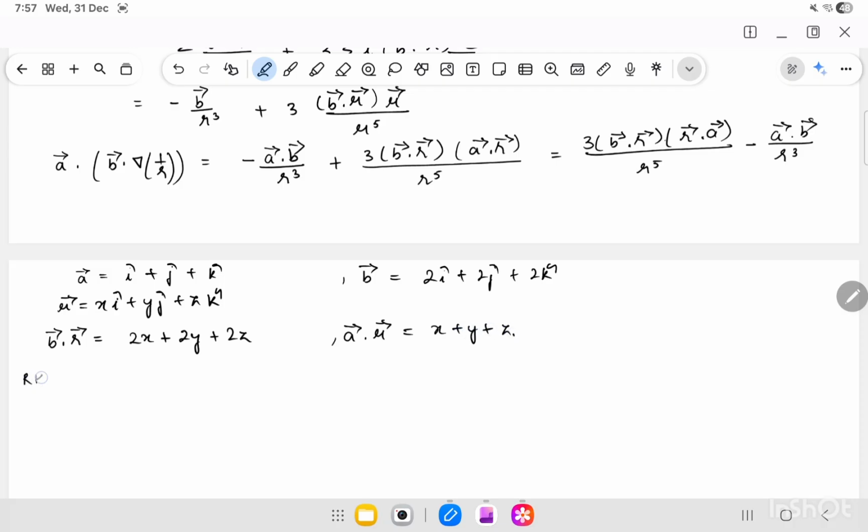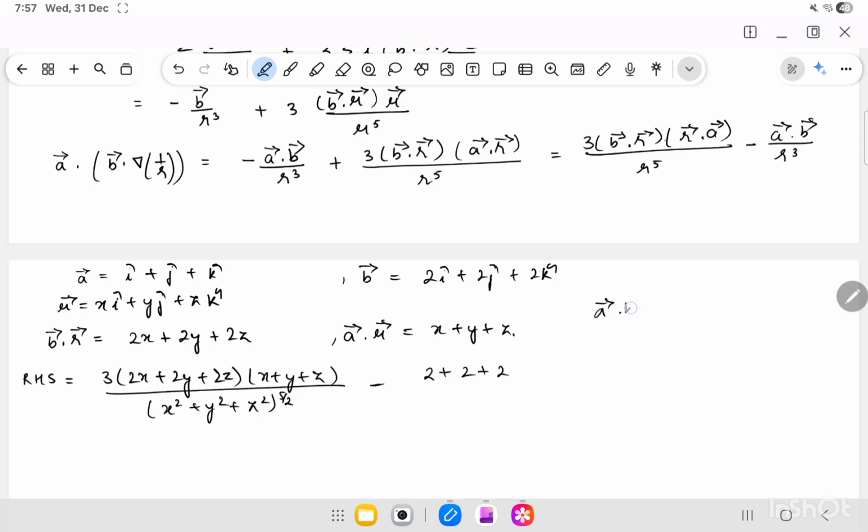So my right hand side will be equal to 3 times (2x plus 2y plus 2z) times (x plus y plus z) divided by r raised to 5, that is (x square plus y square plus z square) raised to 5 by 2, minus 2 plus 2 plus 2, because a vector dot b vector will be equal to 2 plus 2 plus 2, divided by (x square plus y square plus z square) raised to 3 by 2.